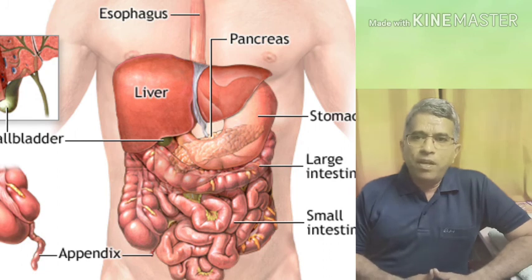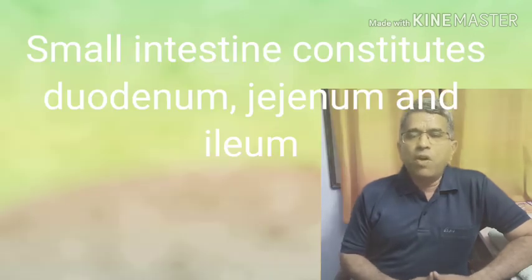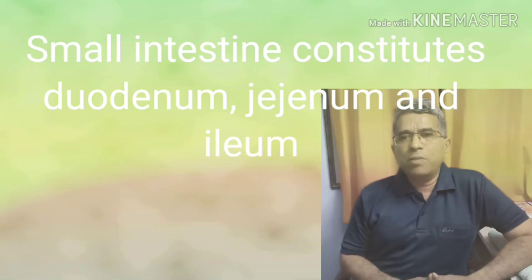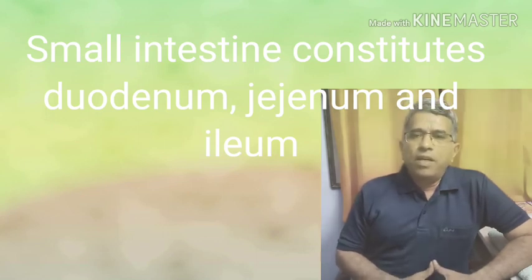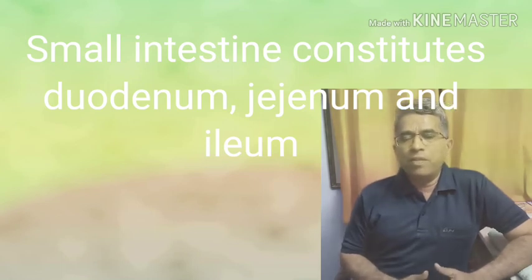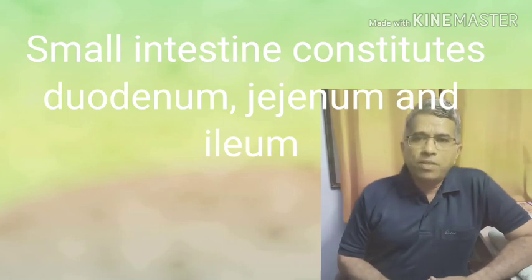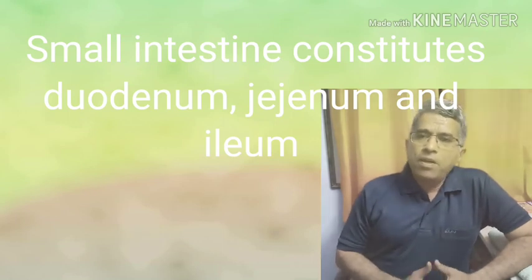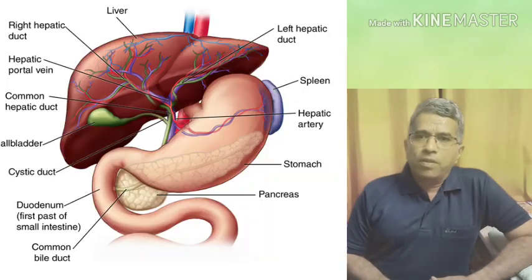Duodenum, jejunum and ileum, all these three constitute small intestine, and small intestine is the longest part of the digestive tract. But it is named small intestine because of its small diameter. And into the duodenum, bile juice is secreted, pancreatic juice is secreted.